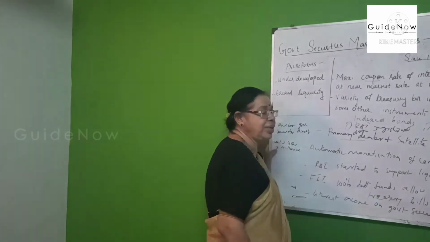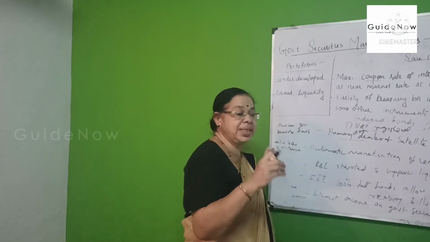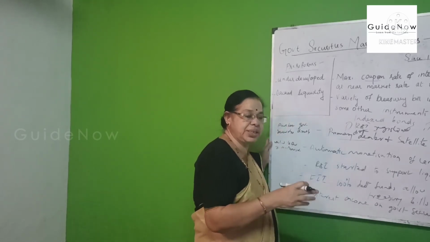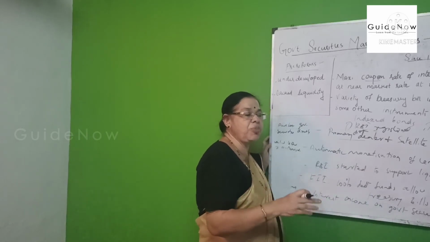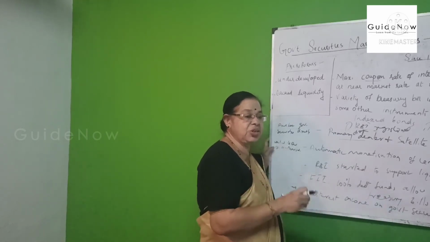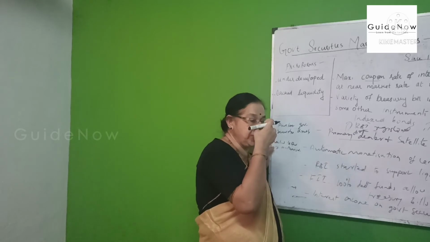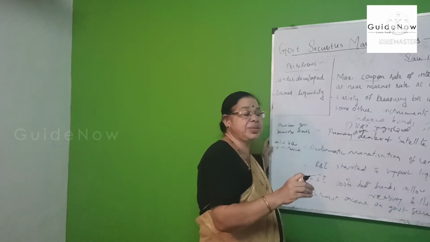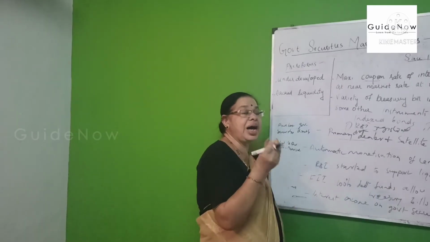Such dealers are known as primary dealers. They are ready to purchase government securities. There is no objection, problem or restriction, because such firms are registered by the RBI.